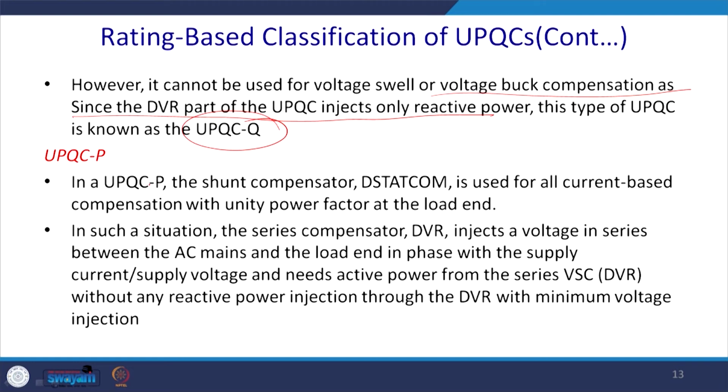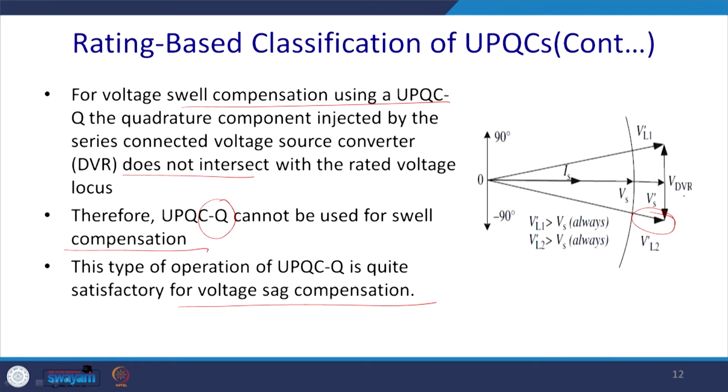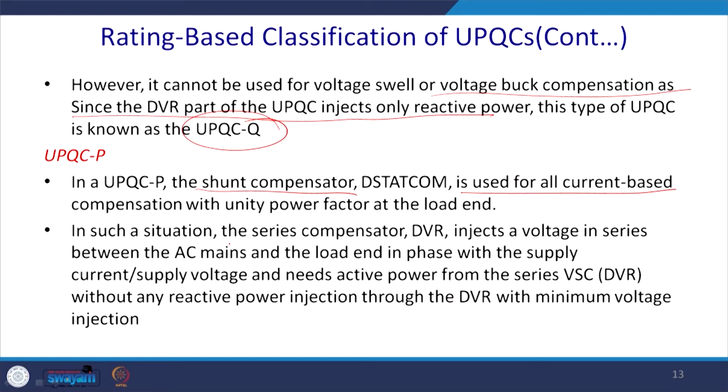In UPQC P, the shunt compensator or STATCOM is used for all current based compensations at unity power factor at the load end. So, this is the case. In such a situation, the series compensator DVR injects in series between the AC mains and the load end, in phase with the supply current and the supply voltage, and needs active power from the series VSC or the DVR, without any reactive power injection through the DVR, with minimum injection.